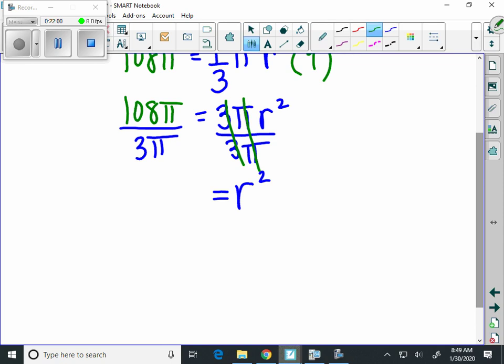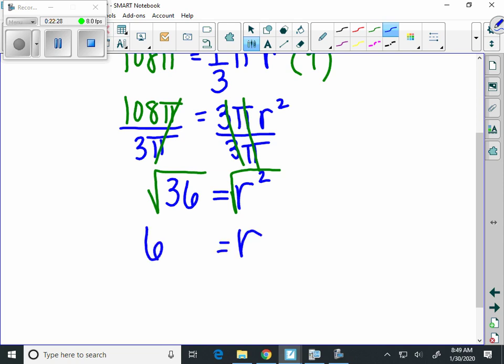The pi's, pi divided by pi, they still cancel out. So now we've got 36. And then our last step to figuring out what the radius length is, in a problem that we don't even have a picture for, is that we need to take the square root of both sides. And when we take the square root of both sides, we get our radius that's 6, and our units are just meters.